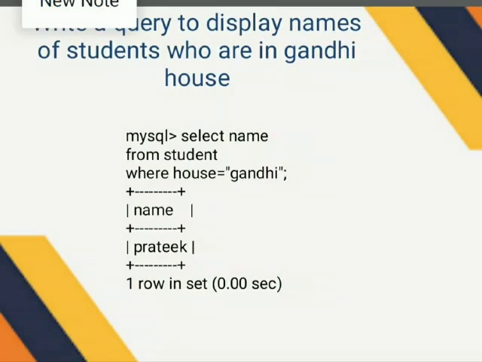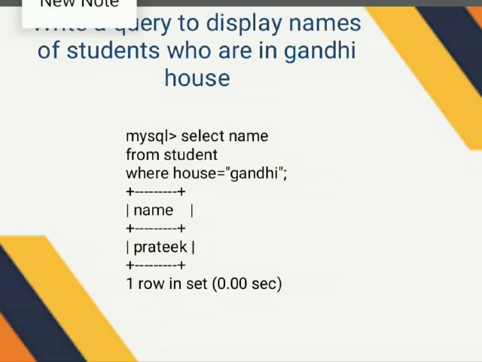The next query is: write a query to display names of students who are in Gandhi House. Now we know name and house are two attributes. How do we have to write the query? We have to display only the names. So we write select name. The name of the table is student, and from is used to give the name of the table. So select name from student.